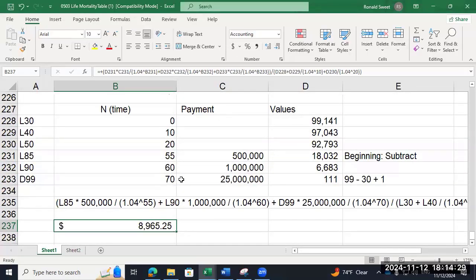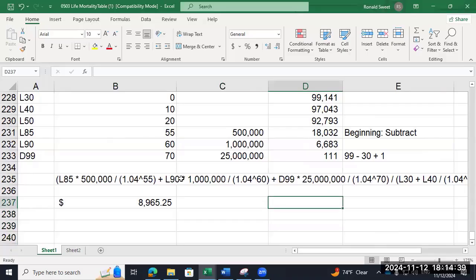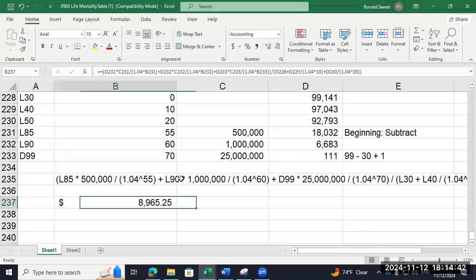Now I want to check it and see if it's right, something you can't do on the exam. I wish we could do this exam in Excel, then you could actually really check it, but let's try it. Try it on this sheet here.